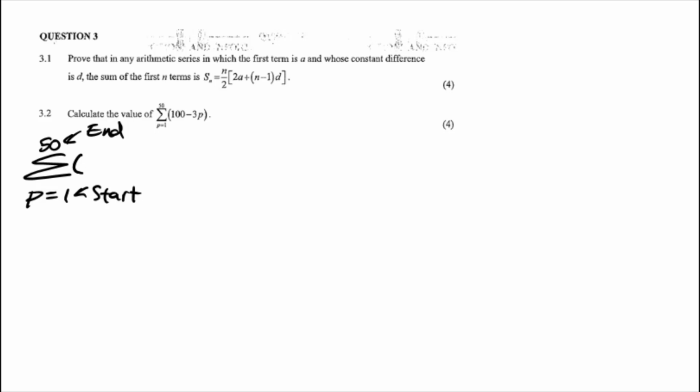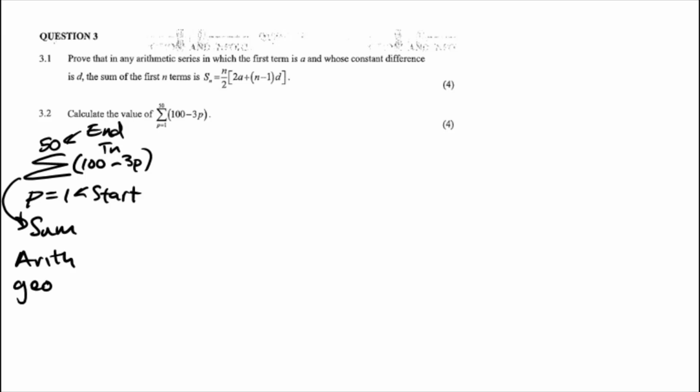And our Tn here is 100 plus 100 minus 3p. So this is your Tn. And remember, when we have sigma notation, sigma here means sum.